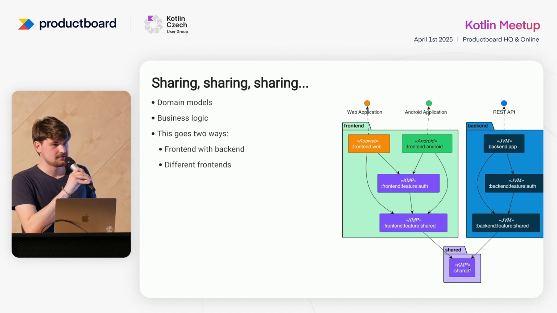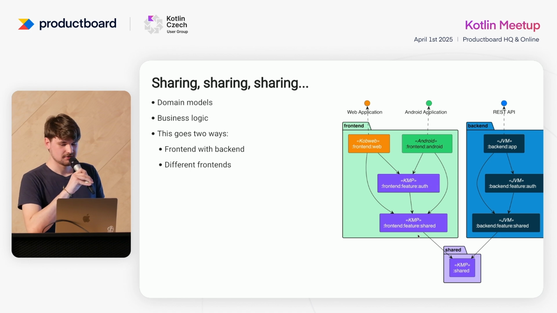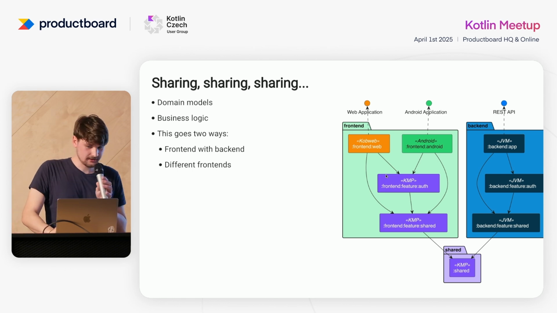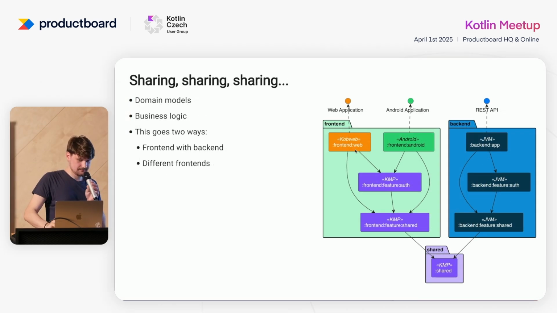This is compiled as a Kotlin multi-platform module. Then on the frontend, we have some front-end shared module which accesses this global shared module, let's say, and some feature modules. Now, there's also a second kind of sharing, and that's between different front ends.